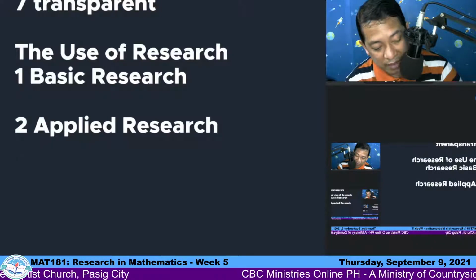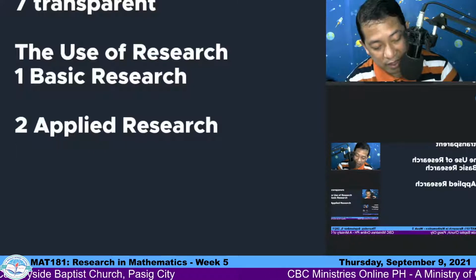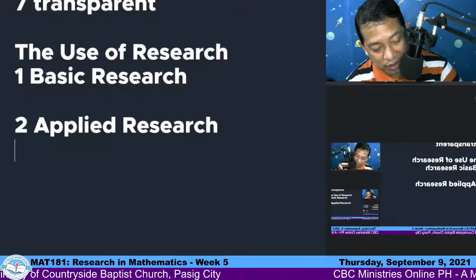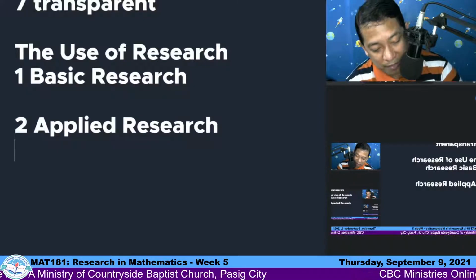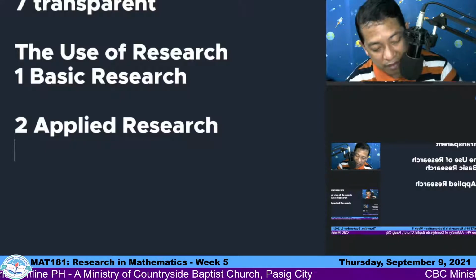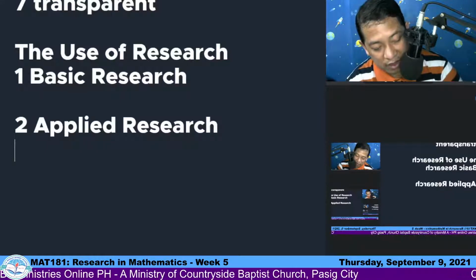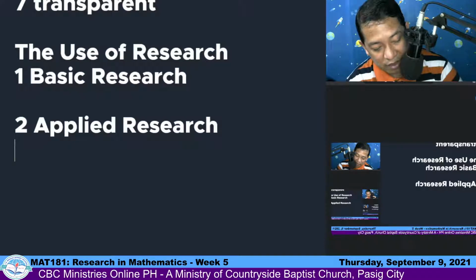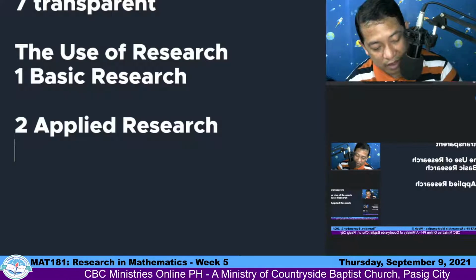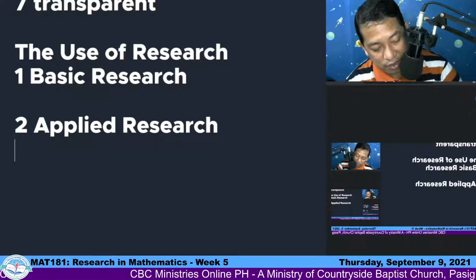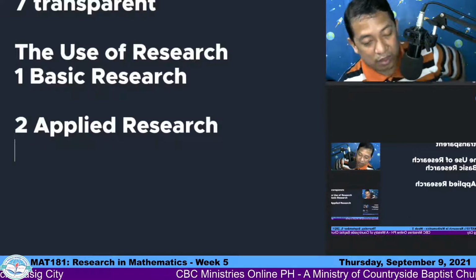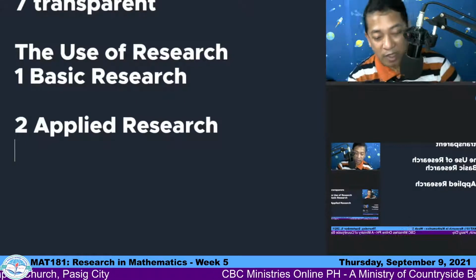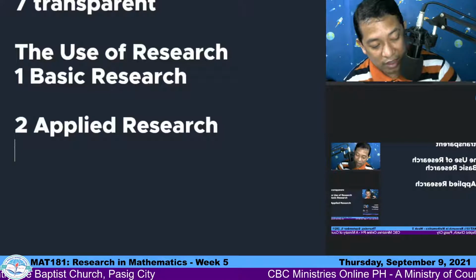So, basic and applied research both use the scientific method to answer the question at hand. The community is the primary consumer of the basic research. The consumers of applied research are practitioners, such as teachers, case workers, and decision makers. So more on the practice, nandiyan yung applied, yung basic more on the community in general.